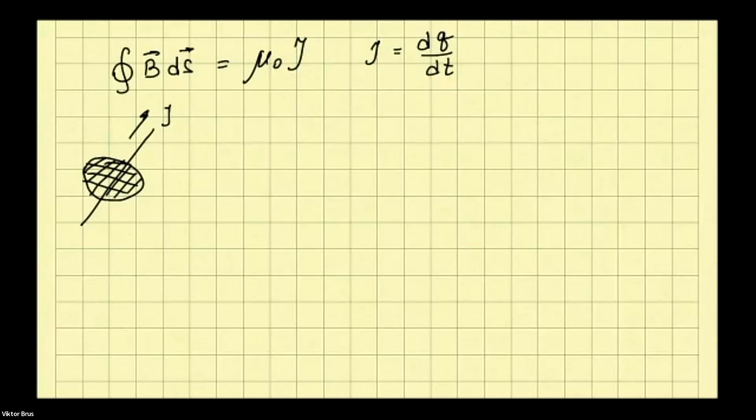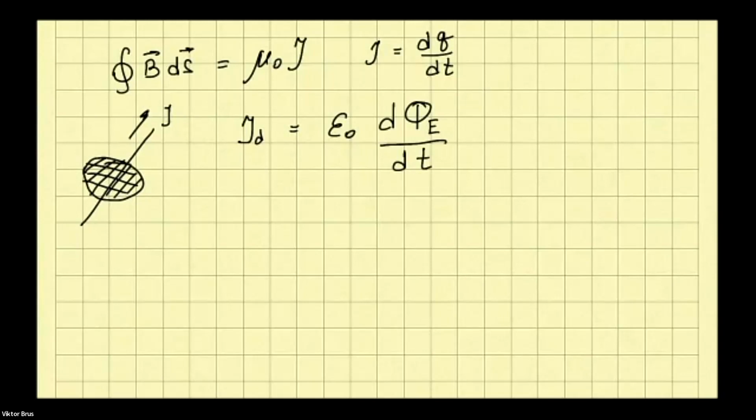So he proposed that I_D, displacement current, is equal to epsilon naught times dΦ_E over dt.